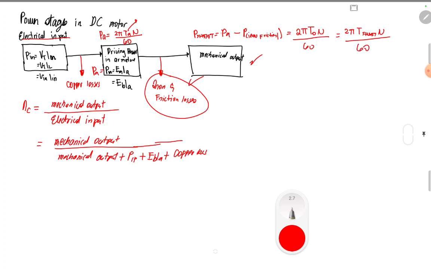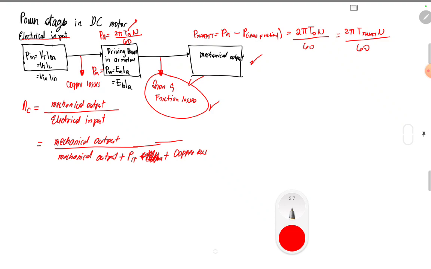But I will just check this one. Mechanical output plus our iron losses will be our EBIA plus my copper loss. Okay, so I will take this out. This is my EBIA. So mechanical output plus PIF, which is our iron losses, plus my copper losses.